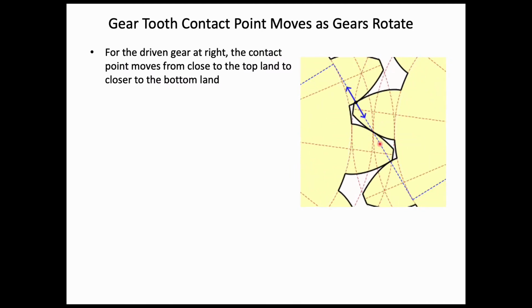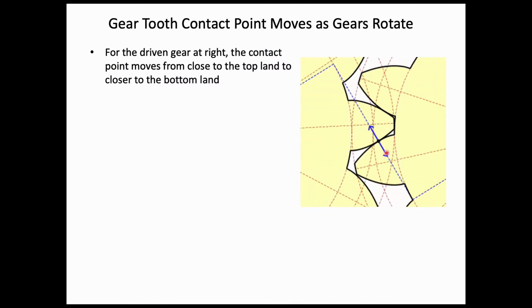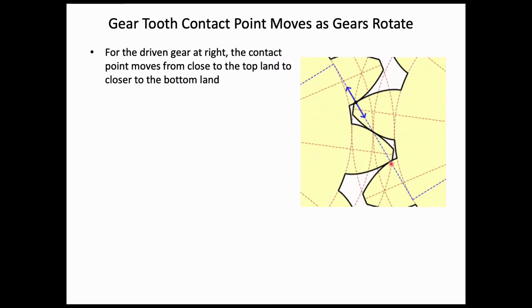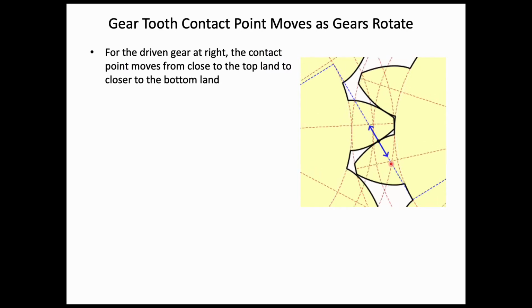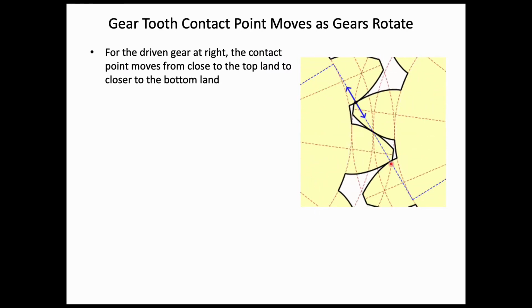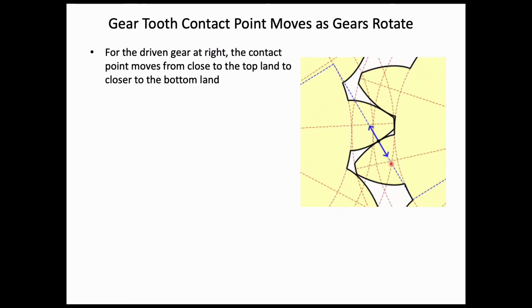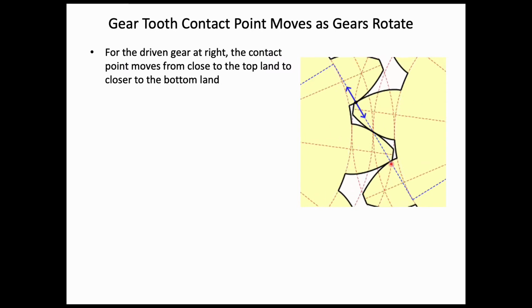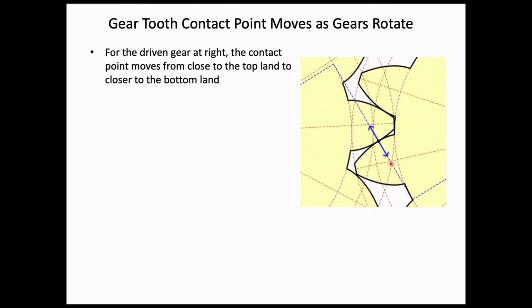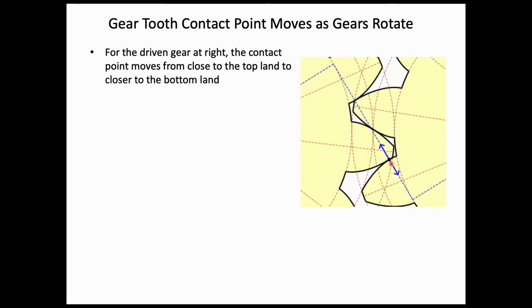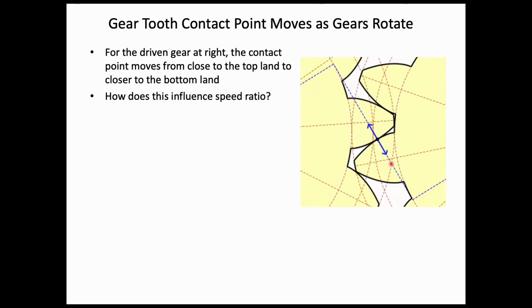But as we move farther down, the contact point is very close to the bottom land. So this contact point moves along the surface of the gear tooth as we change angular position. And if this point of contact moves, how is that going to affect the mechanical advantage and the speed ratio?